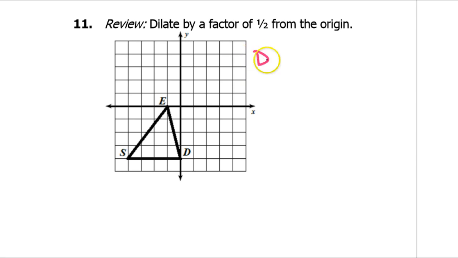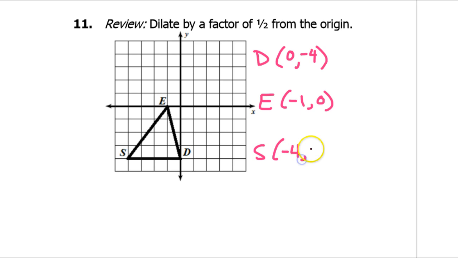So point D is the point 0, comma, -4, and point E is the point -1, comma, 0, and the point S is -4, comma, -4.